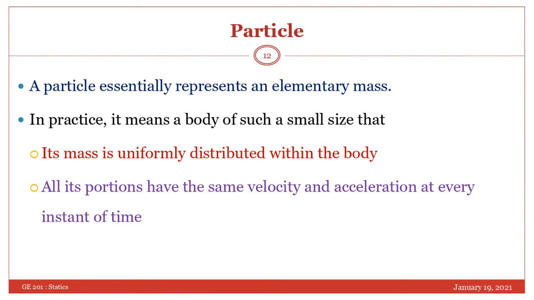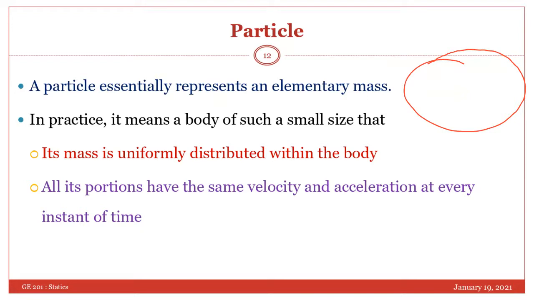And the second thing, if this particle is in motion, then all portions of this particle will have the same velocity and the same acceleration. For example, your football is a particle. If you hit the football, it is moving with a certain velocity.